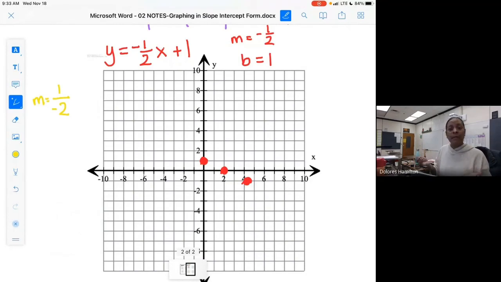And if we felt inclined, we could also treat that as 1 over negative 2, meaning I could go up 1 and 2 to the left. And then we can see the pattern of our line. Last, we would just construct our line.